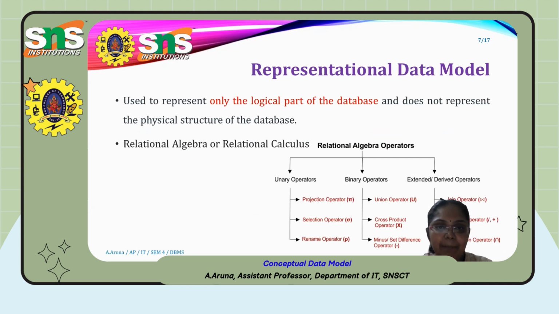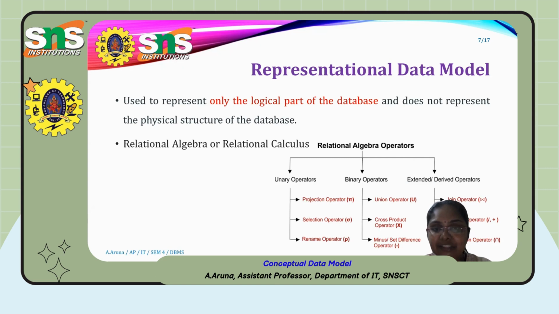The next type in the data model is representation. How can we represent this ER diagram in a mathematical way? For that we use relational algebra or relational calculus, using operators such as unary, binary and derived operators. Project, selection, and rename are used, along with union, cross product, and set difference.